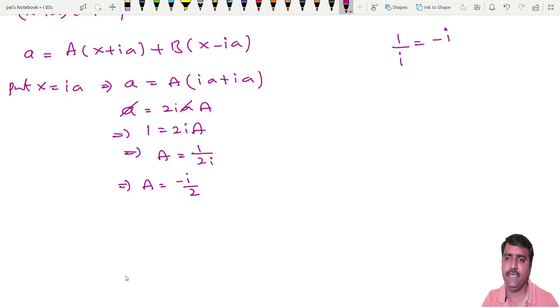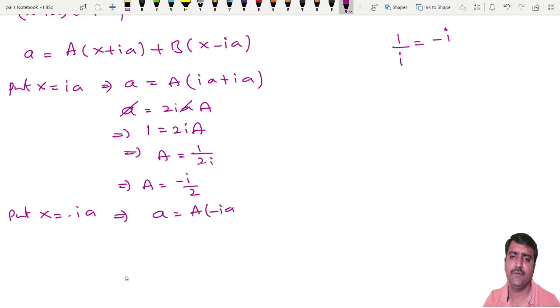Similarly, to find B, put x is equal to minus ia. Put x is equal to minus ia, which implies that a is equal to A into minus ia plus ia, which cancels and becomes 0, plus B into minus ia minus ia.